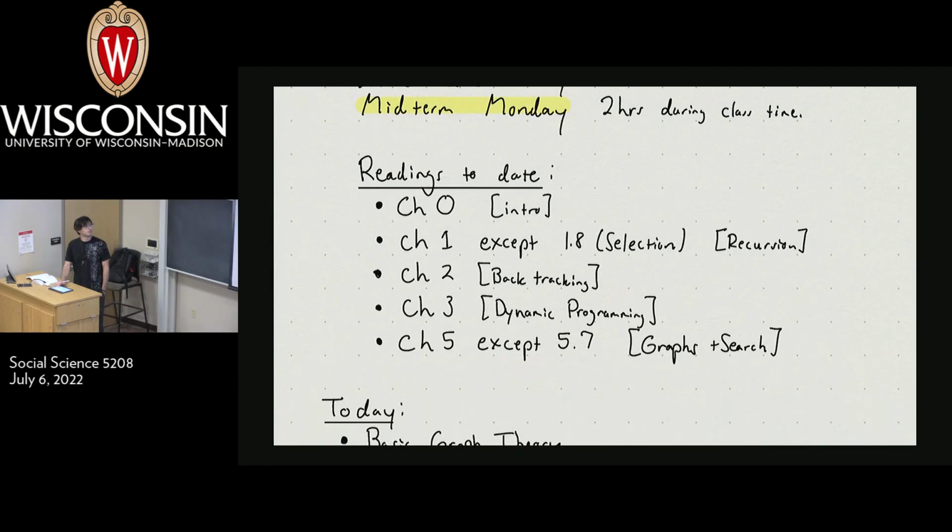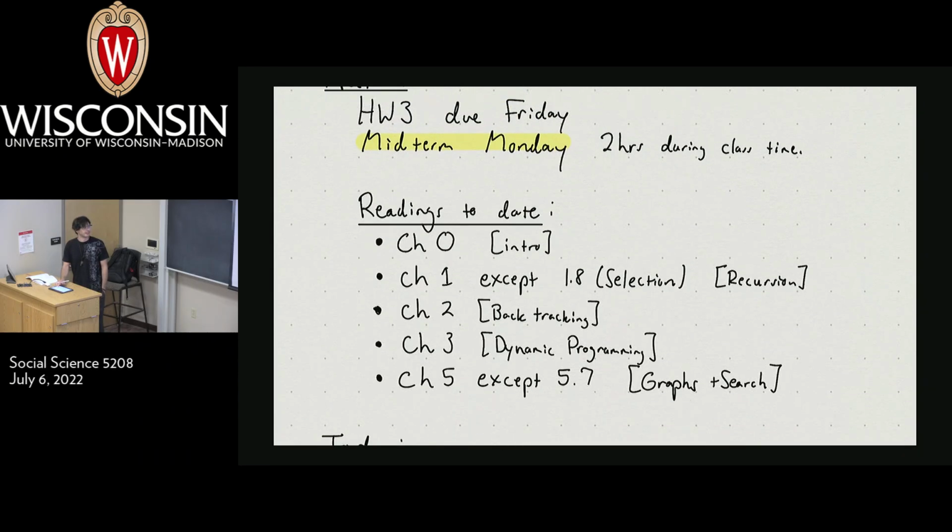Okay, I also put up here the readings that you should have completed by now. In particular, all of chapter 0, almost all of chapter 1, which is the recursion material, chapter 2 backtracking, chapter 3 DP, and then chapter 5, the basic graph algorithms, except for 5.7. 5.7 is graph reductions, which in my opinion is the most general technique in the entire course, but it's really wacky.